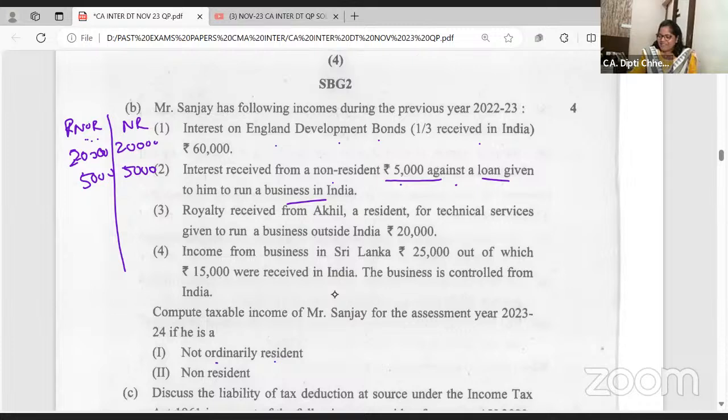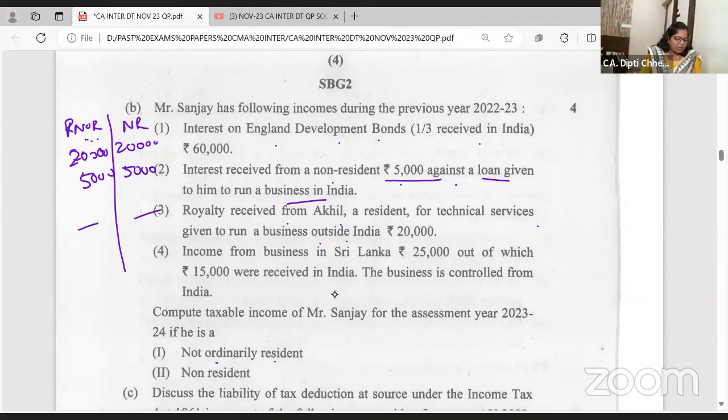Okay. Royalty received from Akhil, a resident, for technical services given to run a business outside India. Sanjay is receiving royalty from a non-resident outside India, income accrued outside India, and it is received outside India, and he himself is a non-resident.